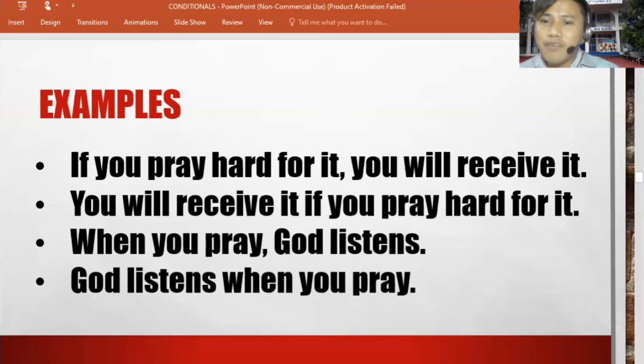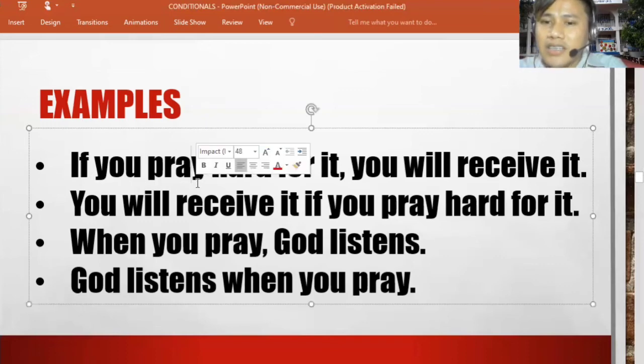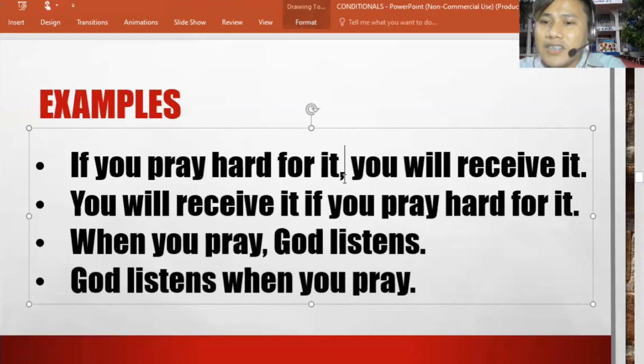So, if you pray hard for it, that is our if clause. As you can see, we have the if plus our verb, pray. So that is our if clause. As you can see here, after the condition, there is a comma. The second clause would be, you will receive it.